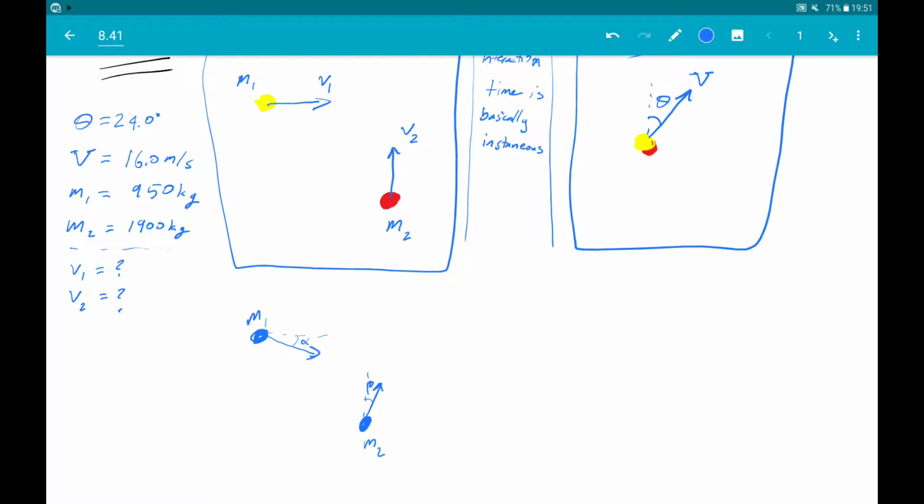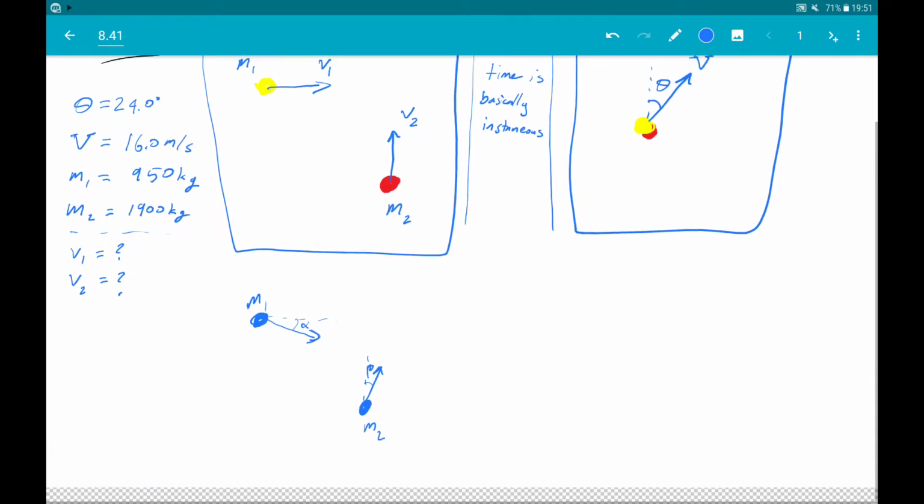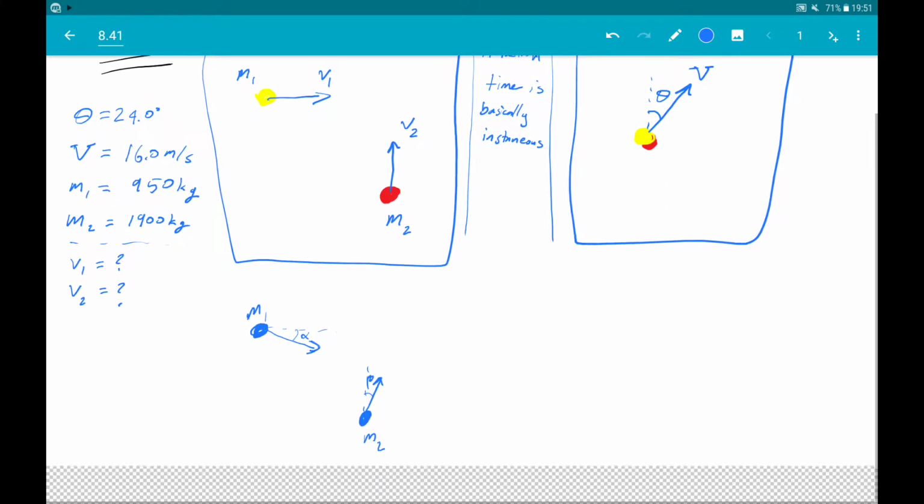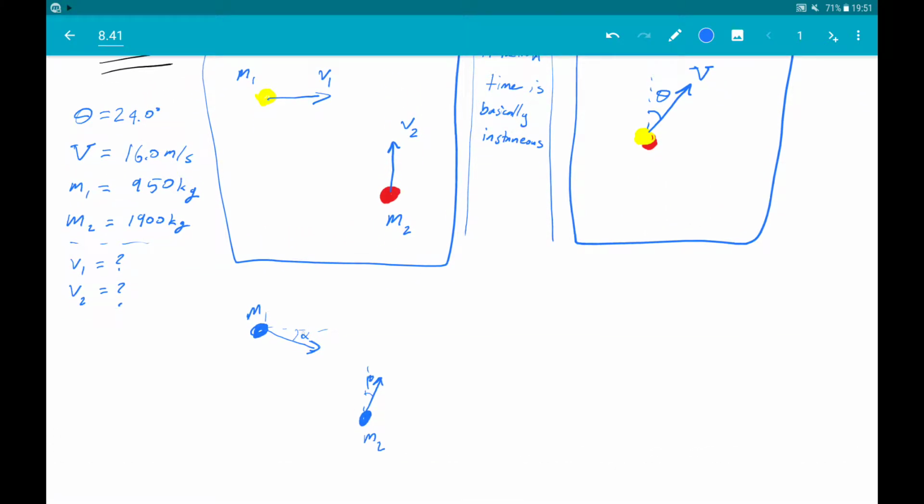And you knew after the collision that the velocity magnitude was 16 and this angle was 24 degrees. You wouldn't be able to tell what the angles were before the collision, or what the velocities would have been before the collision.